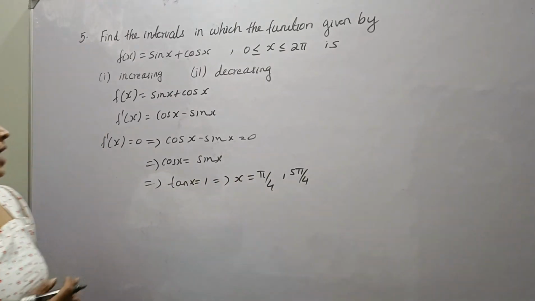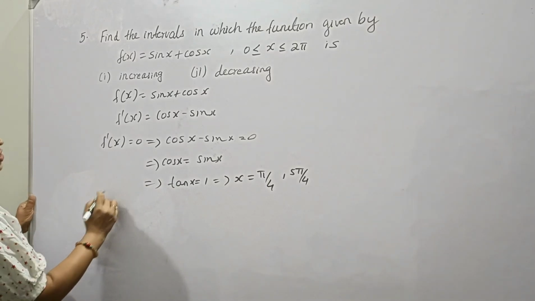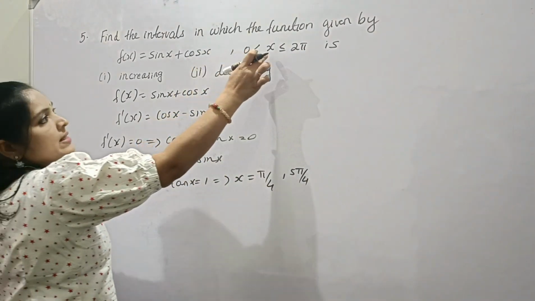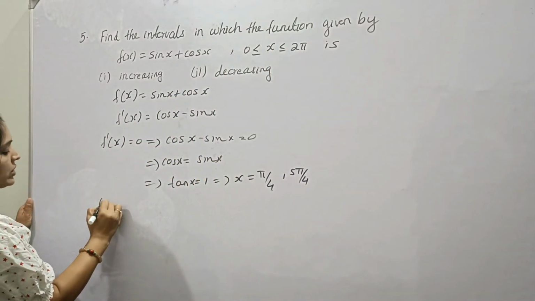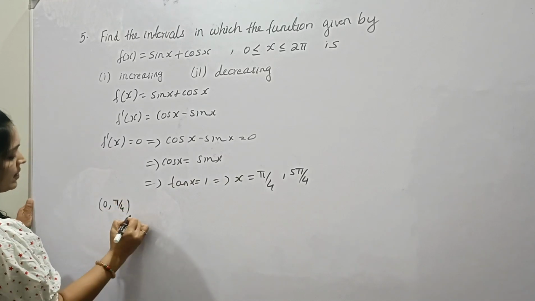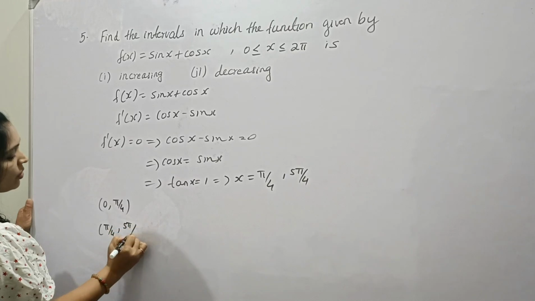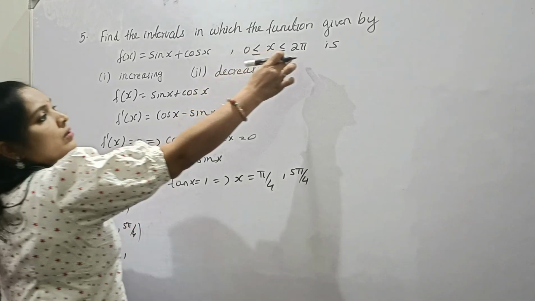Then after that, let's make the intervals. Our interval is x between 0 and 2 pi. Therefore, starting from 0 to pi by 4, then pi by 4 to 5 pi by 4, then 5 pi by 4 to 2 pi.